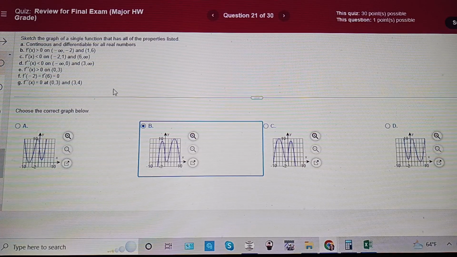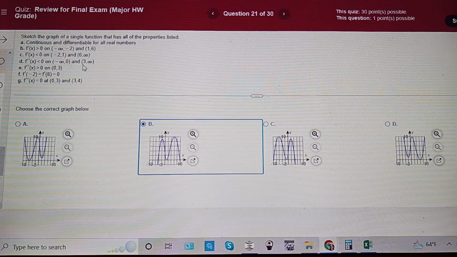So this is very typical of polynomial graphs. First we're increasing, then we decrease, then we increase again, and then we decrease again. The second derivative is less than 0 in these two sections of the graph, and that would mean that it's concave down over those portions.